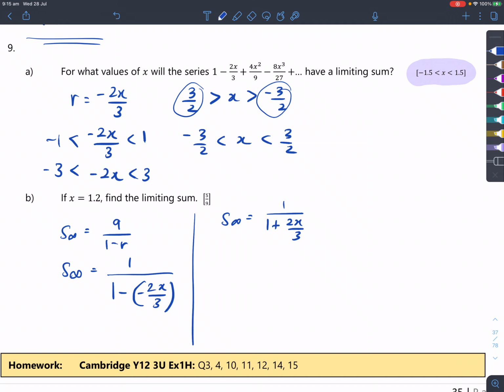If we replace x by 1.2, we have S infinity equal to 1 over 1 plus 2 times 1.2 over 3. That gives us 5 over 9 once you type that in the calculator. Once again, this is your homework, but please do that after your trial papers.